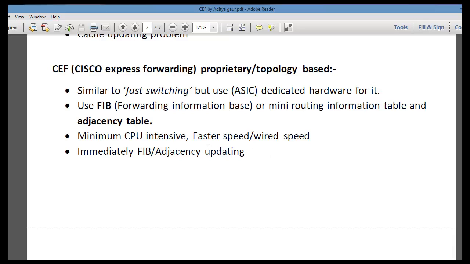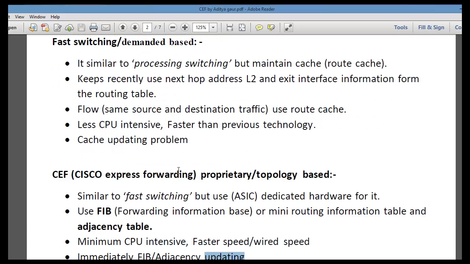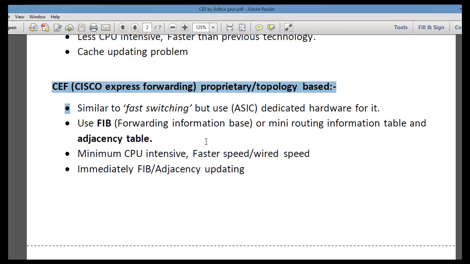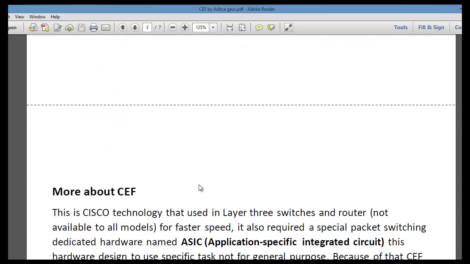Whenever anything changes, your FIB and adjacency table are immediately updated. With fast switching there may be a cache updating problem, but with Cisco Express Forwarding, as soon as the topology changes, the FIB and adjacency table change. That's why it is sometimes also known as topology based switching.